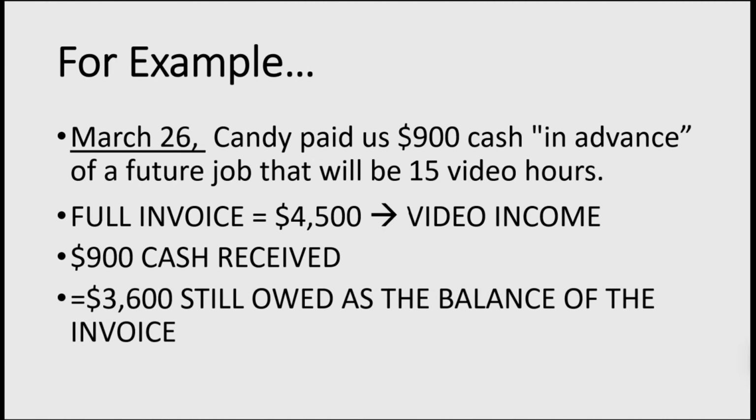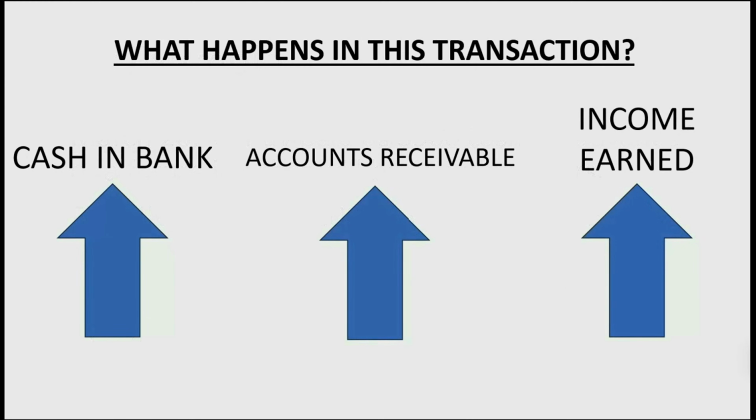Therefore, $3,600 is still owed as the balance of the invoice. And these will be the three numbers that change the chart of accounts and the trial balance. So what will happen in this particular case when we record this invoice with the job deposit feature?